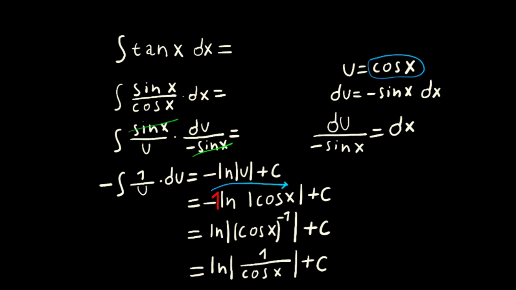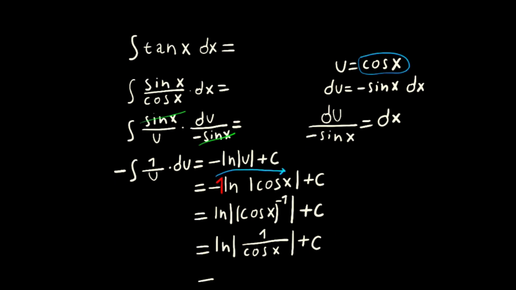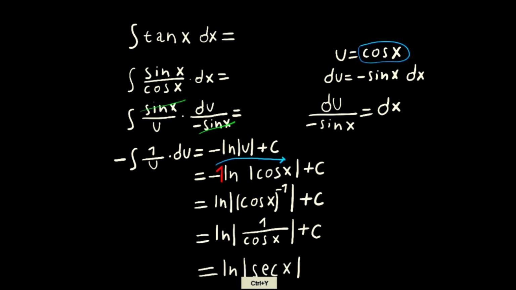Now, 1 divided by cosine is secant. So the final answer is ln secant x plus c. That is the antiderivative of tangent x.